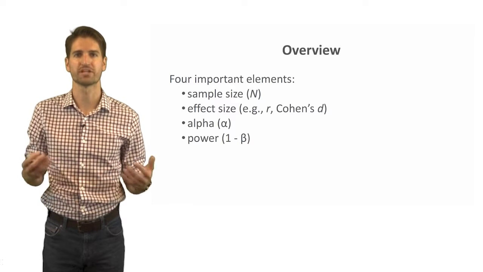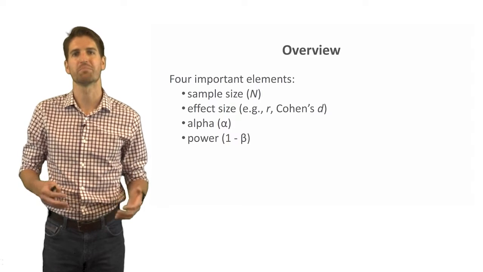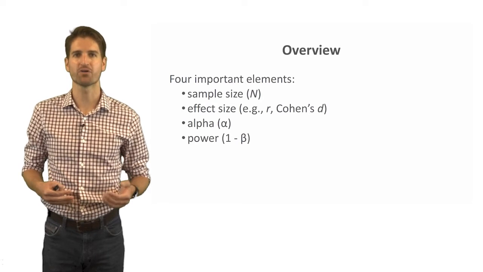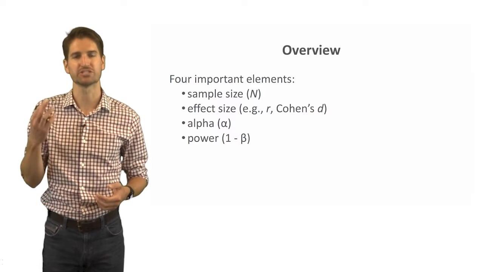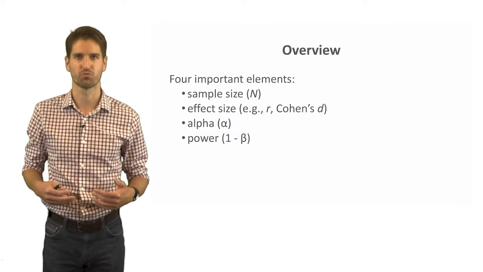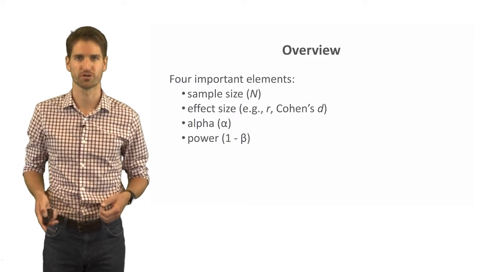Now, alpha is represented by that Greek letter alpha, and power is represented by 1 minus beta, so the Greek letter beta. So in order to do a power analysis, you need to know at least 3 out of these 4 elements, and you can then estimate the 4th one. Or you can guess with some of them as well, even if you don't know them for sure.